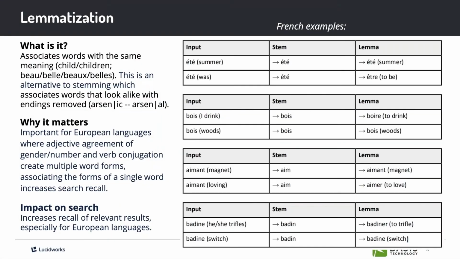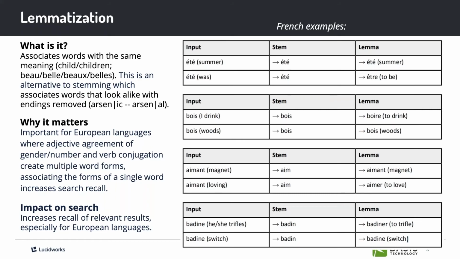One of the first concepts that we're going to dive into is lemmatization. Lemmatization associates words with the same meaning, like child, children, and it is in many ways an alternative to stemming, which associates words that look alike with different endings, because you have very similar types of words with different format, but same meaning.